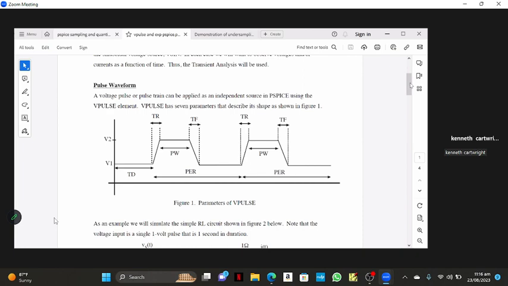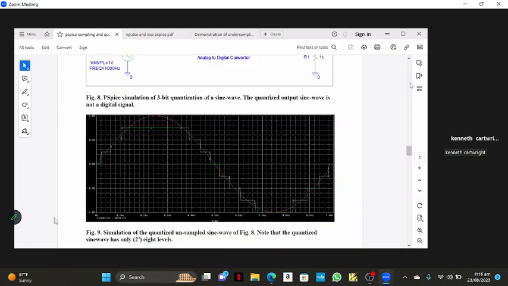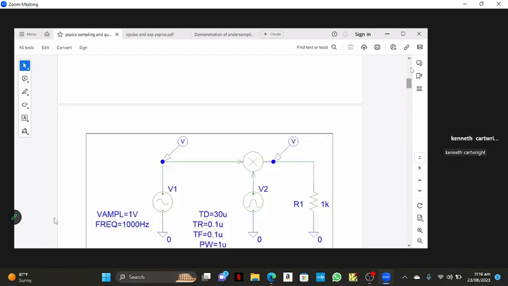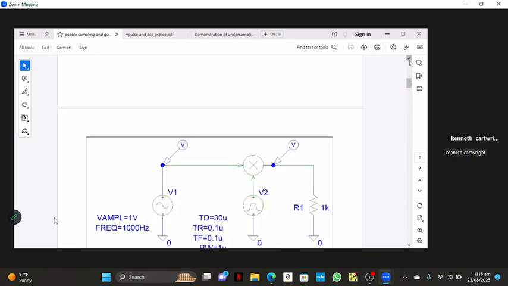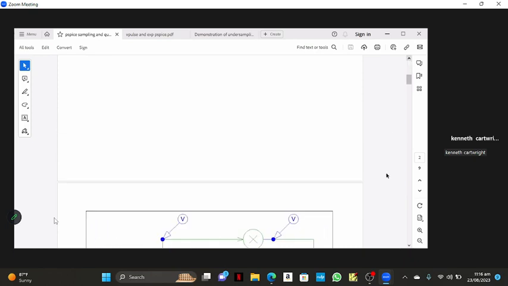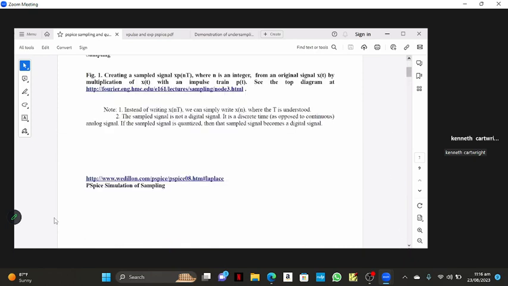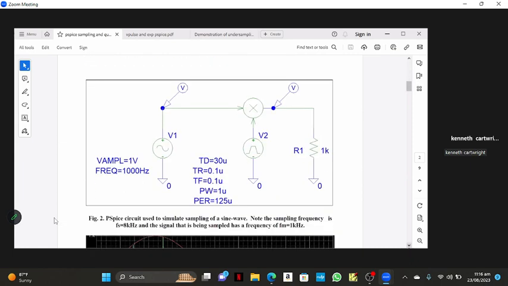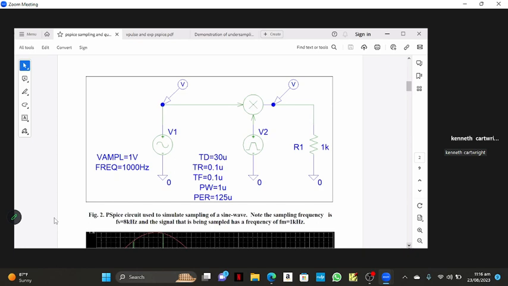As we go to this next handout I sent you, looking at figure 2, everybody see figure 2 of this handout? Yes, sir.